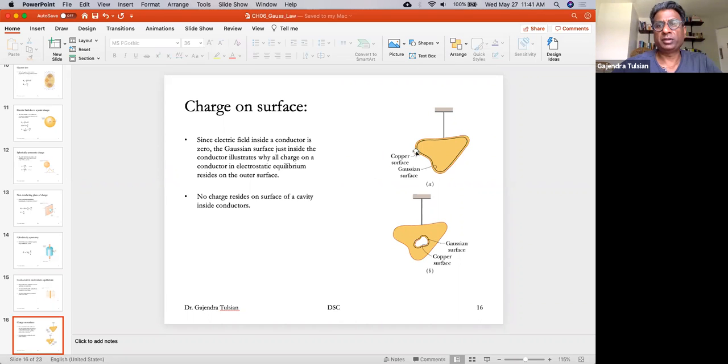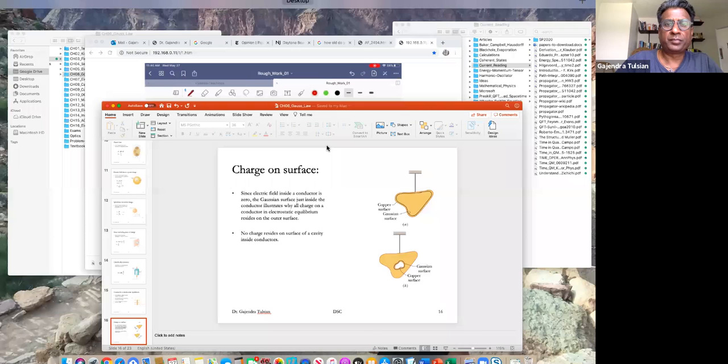What this is showing you is, for us, the rule is the electric field inside a conductor is always 0. So what this diagram is trying to tell you is the following.